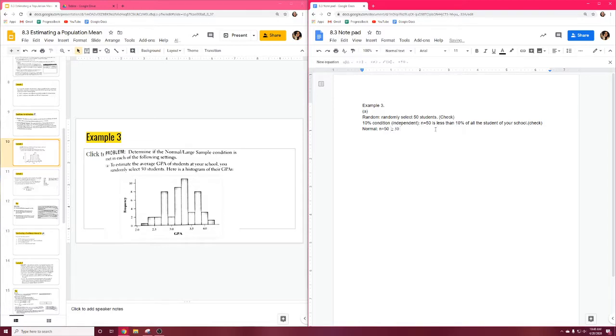So if your sample size is large enough, you can say it's approximately normal. So over here, good, check. Your conclusion for this question will be yes, it meets all the conditions. So that is for A.